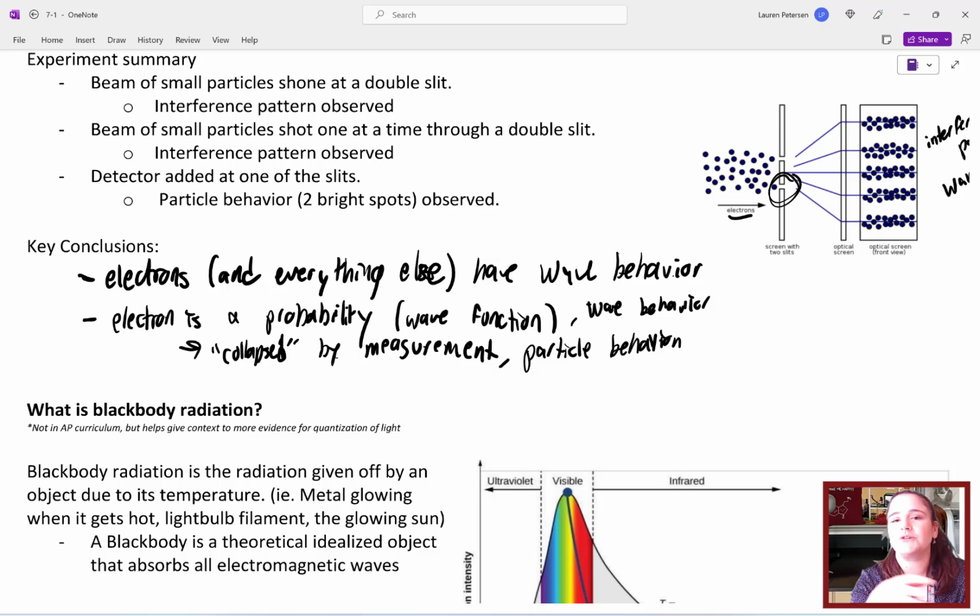There's no measurement device that exists that doesn't interact with that particle in some way, either through the photons that it reflects and absorbs and emits, or by the electric fields and how it changes and interacts with a field that's there. In order to observe it, we have to measure it, and measuring it collapses the wave function and makes it go back to behaving like a particle, even though if we're not measuring it, it will behave like a wave. Yay, quantum! Okay, cool.